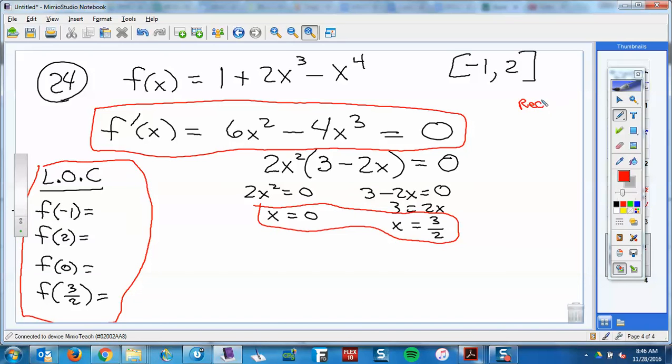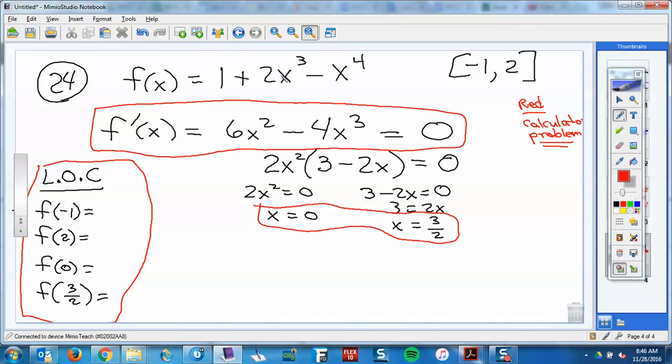So red is if it's a calculator problem, and the black is if it's no calculator. So it's pretty much the same. You pretty much have to have the same stuff there. Now, the only thing that would make me a little leery about this one being a no calculator one is now you've got to take 3/2 to the 4th power. It's going to get a little ugly there. We're going to go ahead and do it, but probably not going to make you do a whole bunch of that. So you don't have to worry too much.